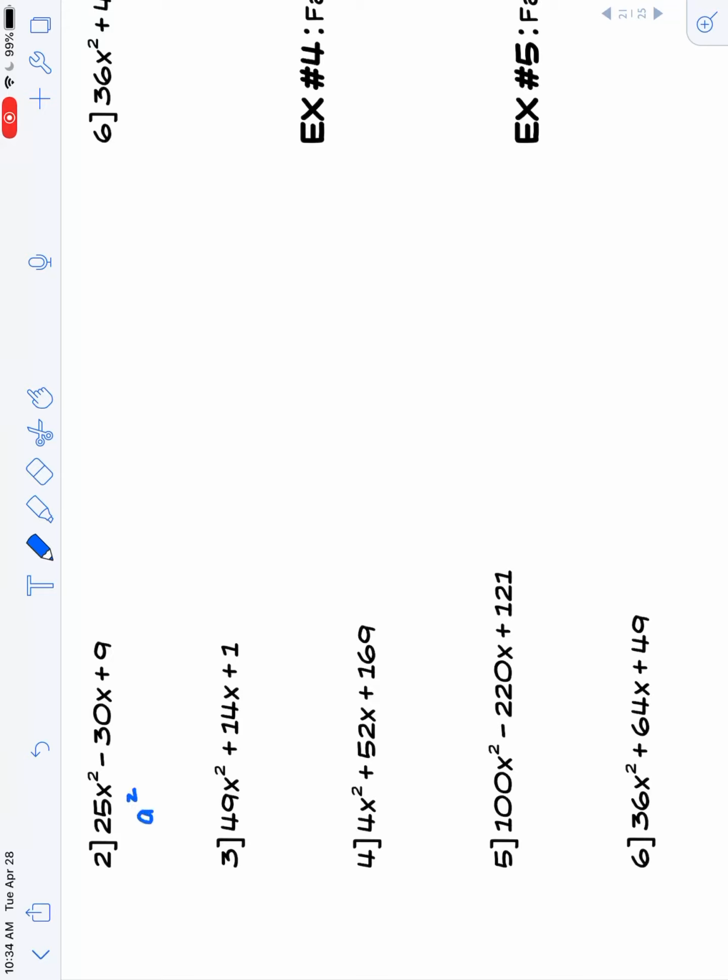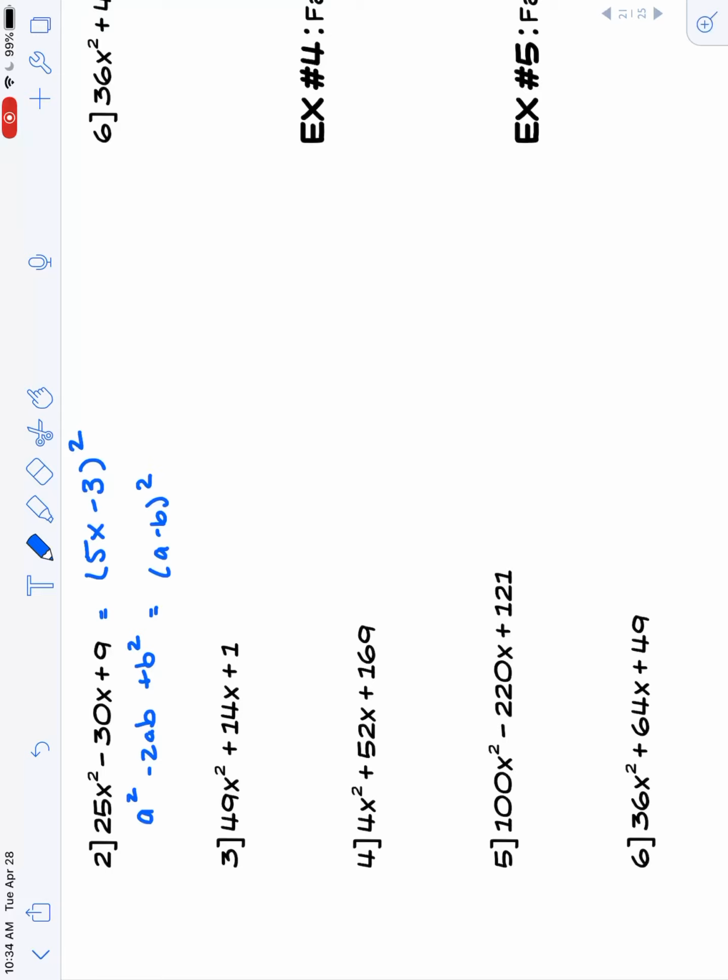All right, so first one, square root of 25x squared is 5x. Square root of 9 is 3. Is this the factored form?